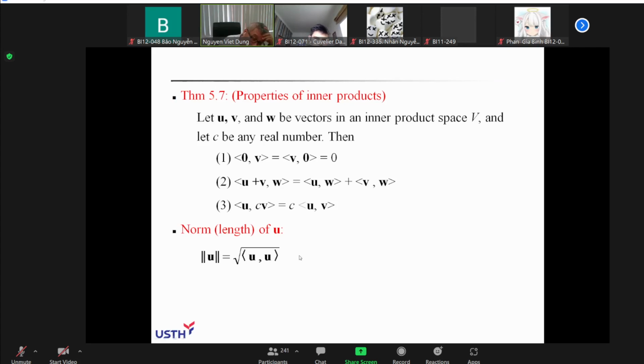And axiom number 4 in the definition of the inner product allows you to put the inner product of u and u under the square root here. That is never negative, so we can put it here. And by that, you see that the square of the norm equals the inner product of u and u, like that.